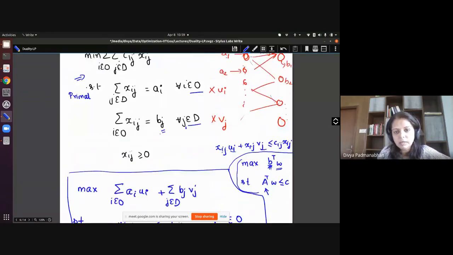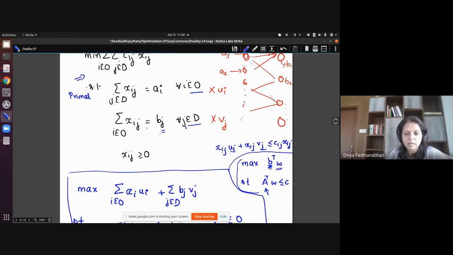If you try to construct this matrix A exactly, it gets a little bit cumbersome. So instead, you just take xij, each of the variables, and take its coefficients. If you do this multiplication and sum it up, in terms of xij, for origin i you're going to have this ui component, and for the destination j, this constraint is going to give you a vj.